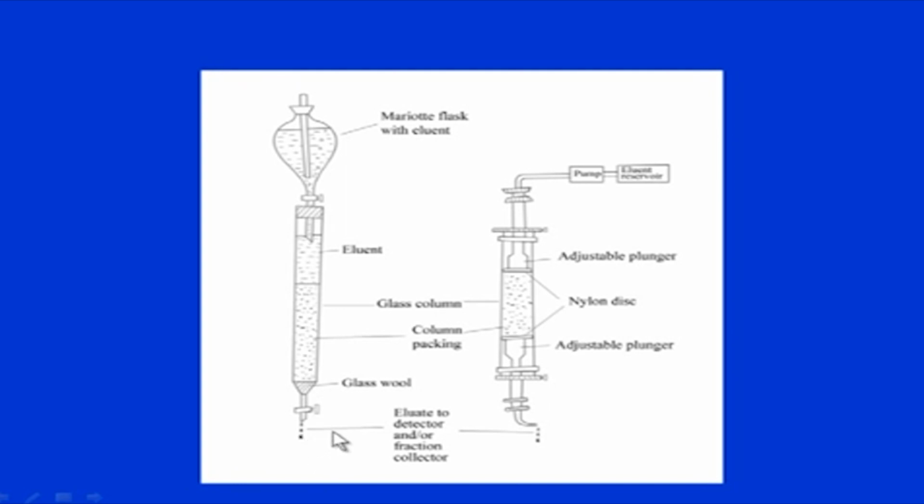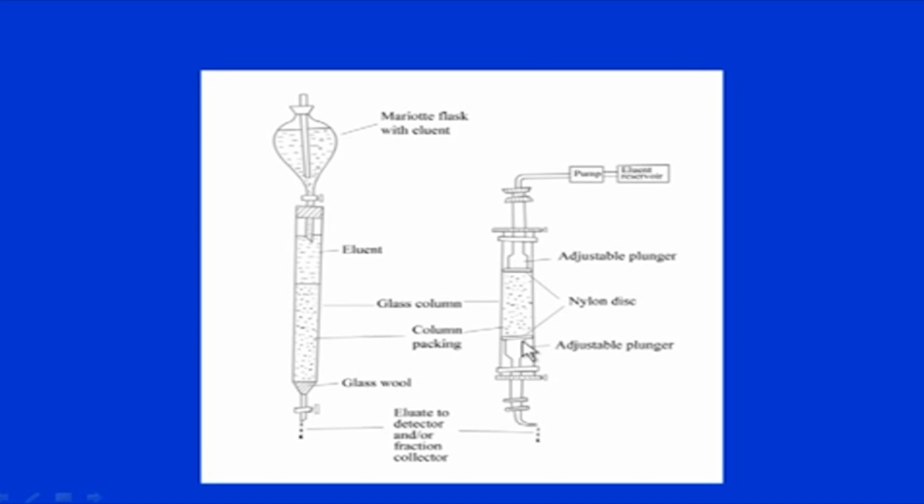and through the detector. In the improved systems, even for low pressure chromatography, here you can see there is an eluent reservoir and there is a pump, usually a peristaltic pump, as you will see later on. The pump drives the mobile phase into the column.